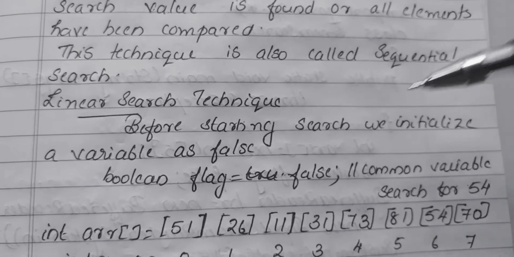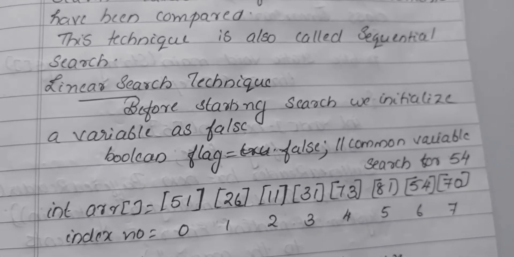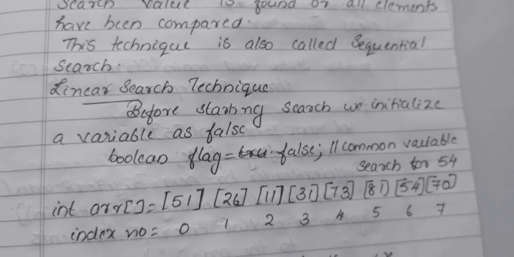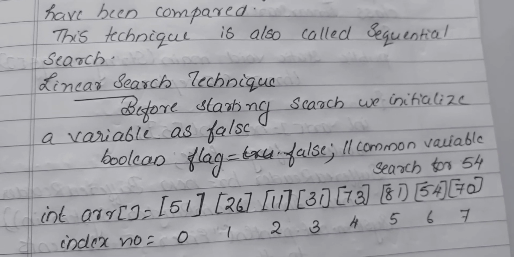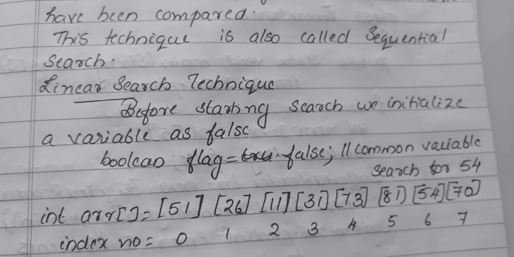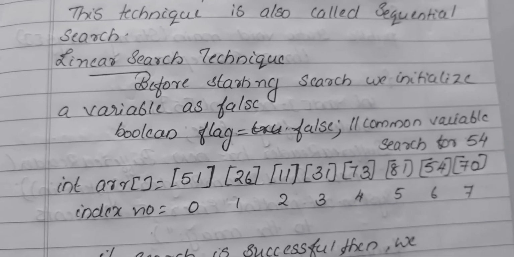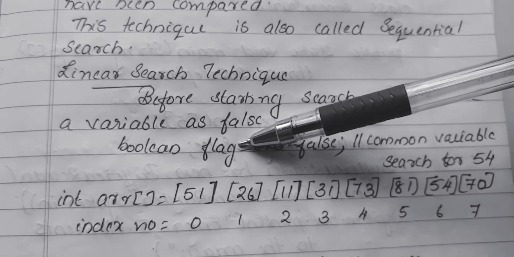In the linear search technique, before starting the search, that is, in the program, we initialize a variable as false. That variable is known as a flag variable.